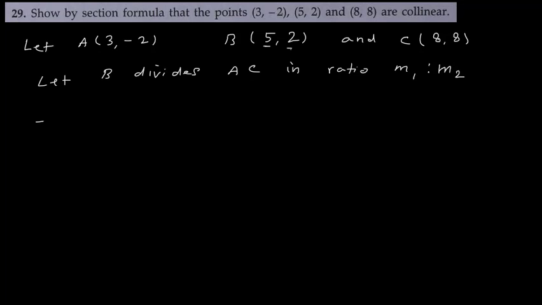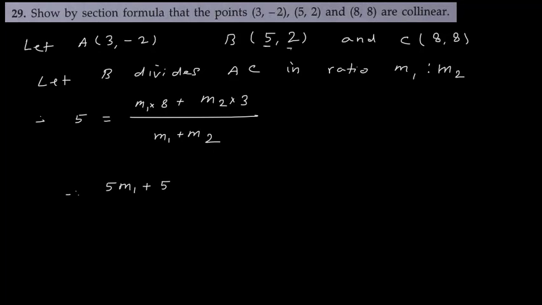So therefore here I have x coordinate 5 is equals to M1 into 8 plus M2 into 3 divided by M1 plus M2, and therefore this will give me 5M1 plus 5M2 is equals to 8M1 plus 3M2.